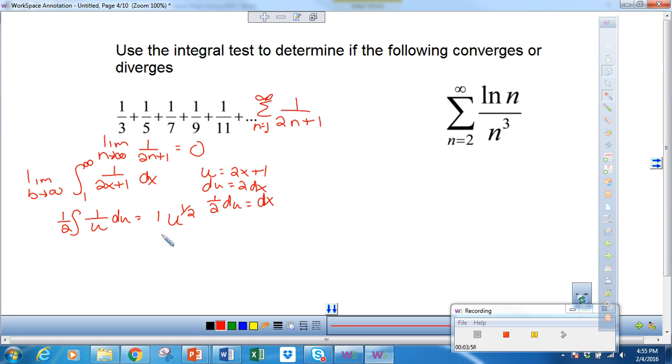Because this comes out as a half, and dividing by a half means this will be times 2. So this is going to give me u to the 1/2. So I have the limit as b approaches infinity of u, well, u is 2x plus 1.